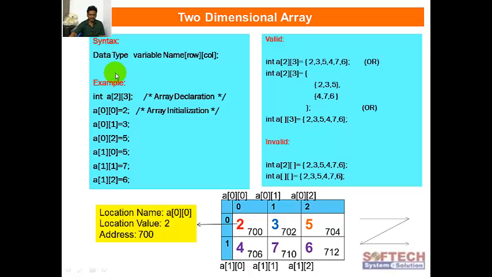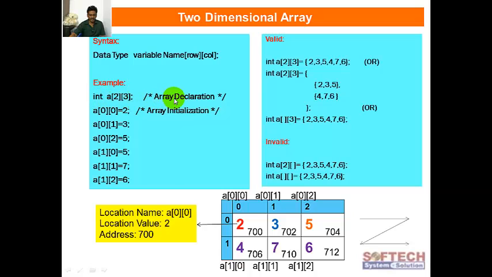The example for the above syntax: integer, this is the data type. We can put float, double, any data type, whatever we need. Here we give the data type integer. Then array name A, this is a row, this one is a column.